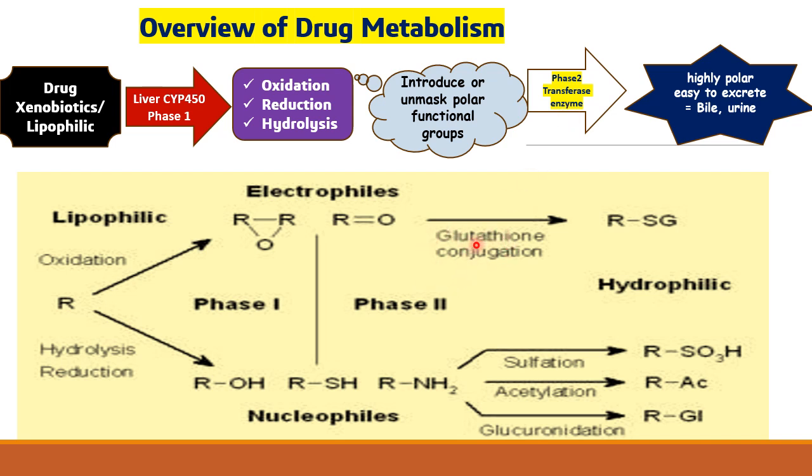These conjugation reactions depend on the type of functional group, like glutathione conjugation can occur in the ether or carbonyl group, and sulfate, acetylation and glucuronic acid can occur in functional groups like hydroxyl, phenolic, thione and amino groups. We will discuss them one by one in our upcoming slides.